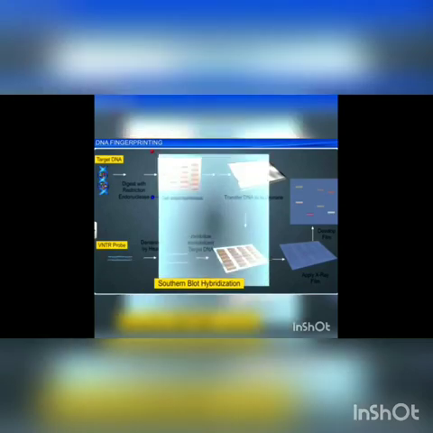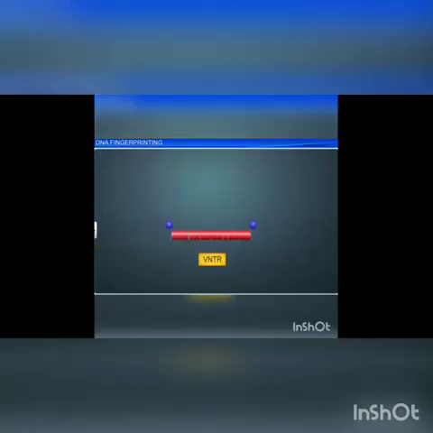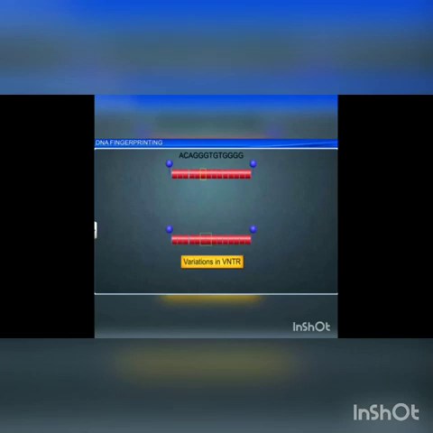VNTR is a small sequence of DNA arranged tandemly in several copies, which varies from one chromosome to another in an individual. A very high degree of polymorphism is seen in these repeats due to the size of VNTR, which varies from 0.1 to 20 kilobases.